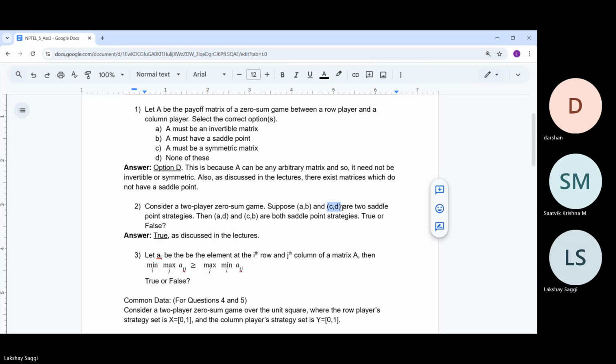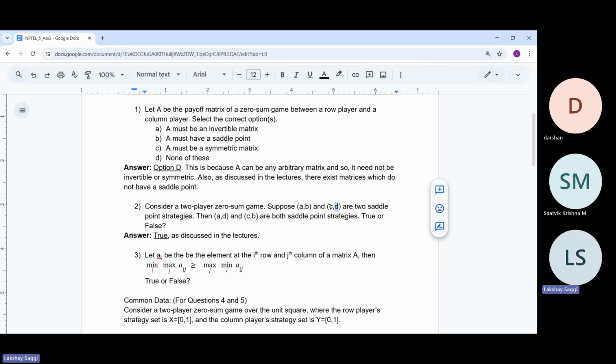Then what this says is, if the column player chooses either of these, B or D, and the row player chooses either A or C, then all of these four possible choices are saddle points. The row player has two choices, A and C, and the column player has two choices, B and D.